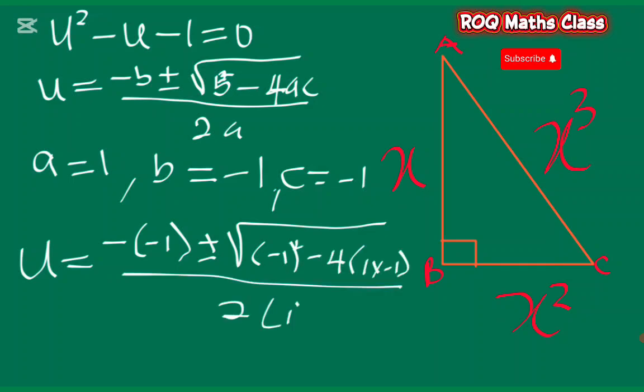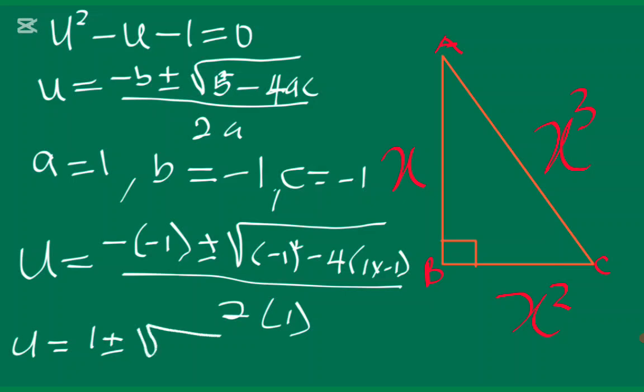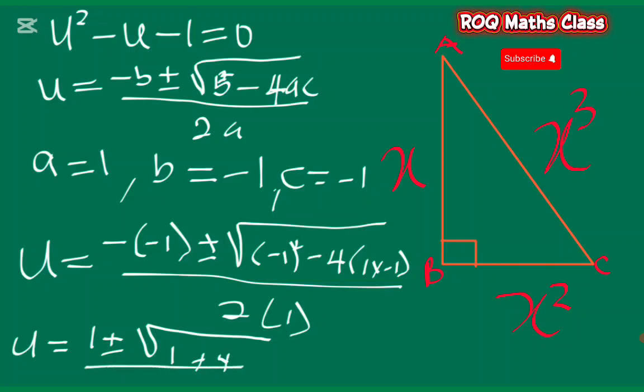Then after that, u is equal to 1 plus or minus the square root of minus 1 squared, which is the same thing as 1, then minus 4 times 1 times minus 1. This is the same thing as what? Plus 4, all over 2 times 1, which is the same thing as 2.